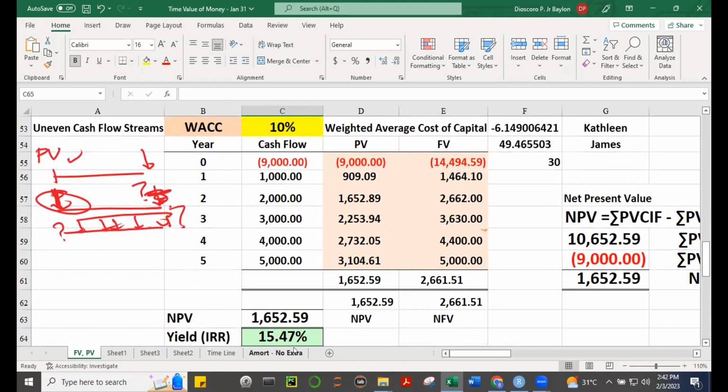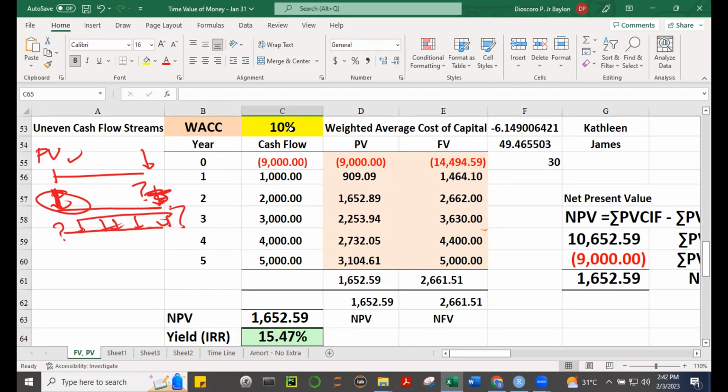If the internal rate of return is greater than the weighted average cost of capital, then we say that the project investment is feasible. So the IRR has to be greater than the WACC. Otherwise, if the IRR is less than WACC, then we reject the project.